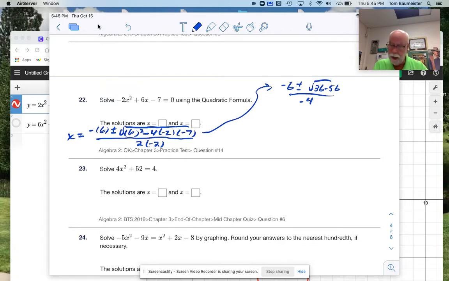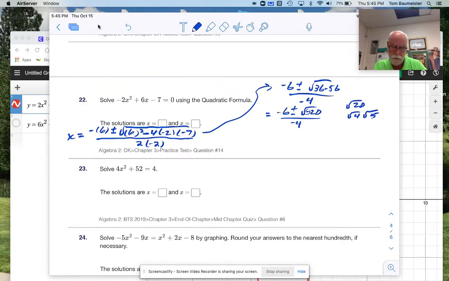So on that one there, if I do this, then I'm going to get negative 6 plus or minus the square root of negative 20, all of that over negative 4. So remember, that's going to give me an i, but remember the square root of 20 you can write as the square root of 4 times the square root of 5.